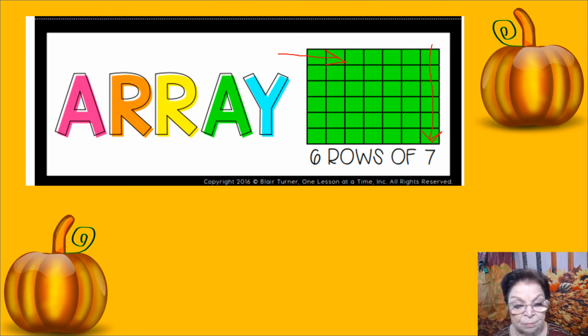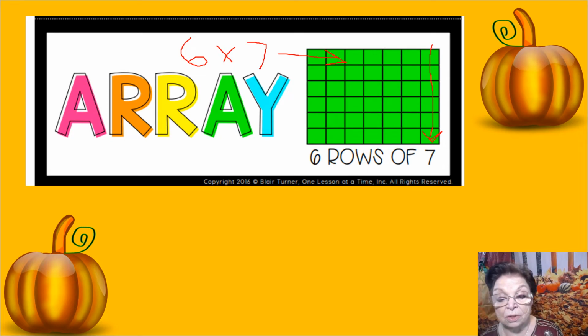So if the equation is 6 times 7, usually you do the rows first. So you put 6, the first number. You could do it either way, but I usually put the rows first. So I put 1, 2, 3, 4, 5, 6 boxes, and then times 7.